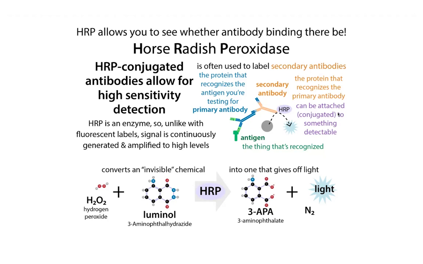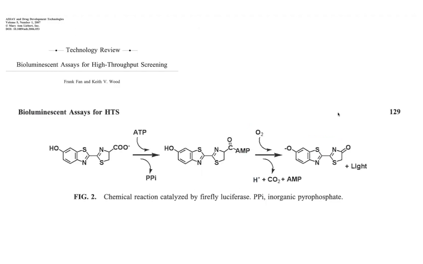In the case of horseradish peroxidase, often what you do is you use this with some sort of antibody conjugation. So you have a little protein that recognizes a protein of interest, and then on the end of that protein, you have a horseradish peroxidase, and then you add a chemical, and if your molecule was present, then the horseradish peroxidase will be bound to your molecule, indirectly at least, and give off light that you can then see.